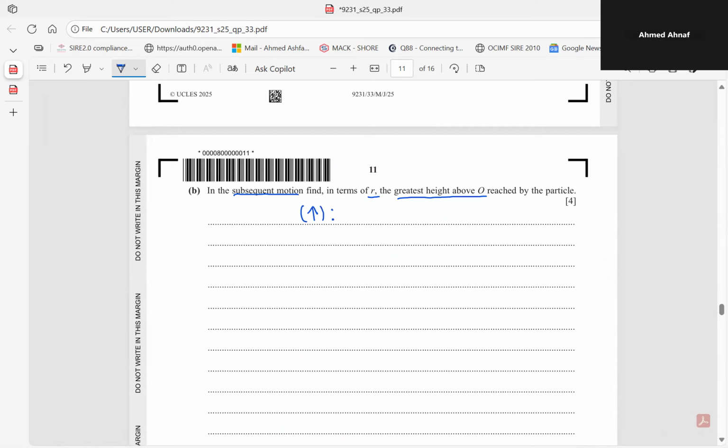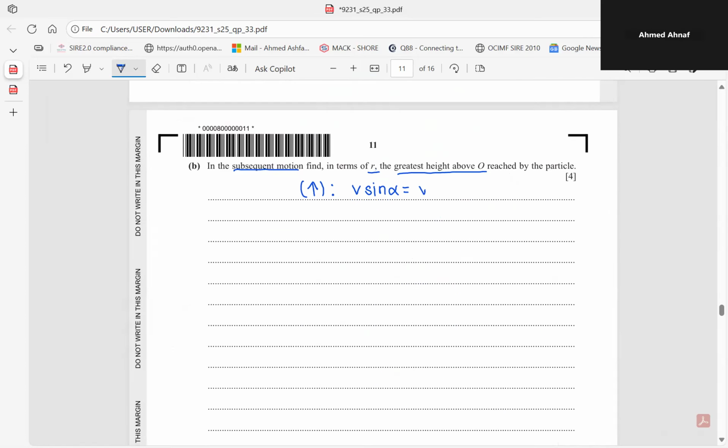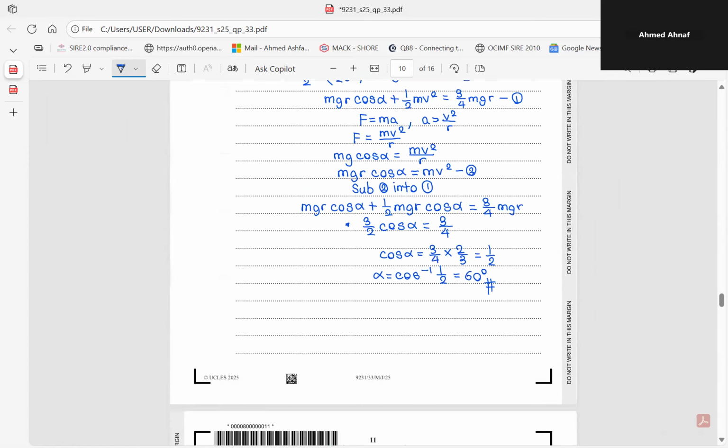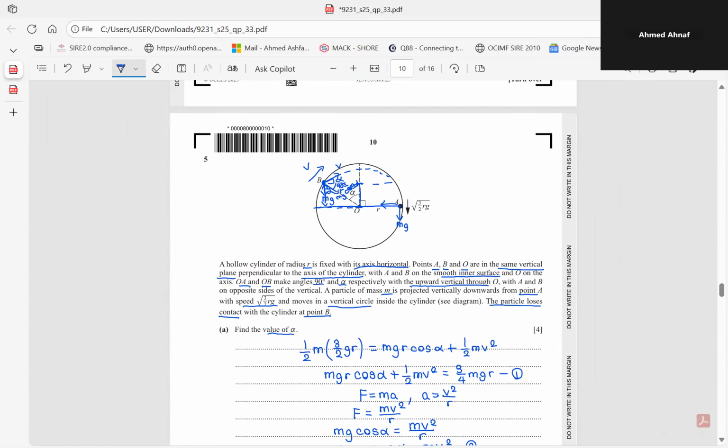So the vertical component is just v sine alpha. We're only given alpha, so v sine 60 would be equal to square root 3 over 2 v.